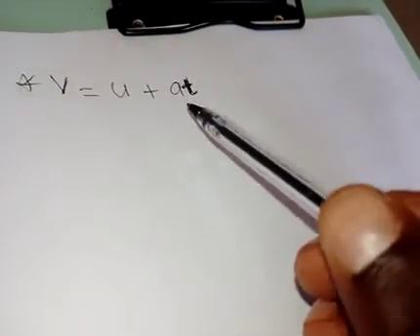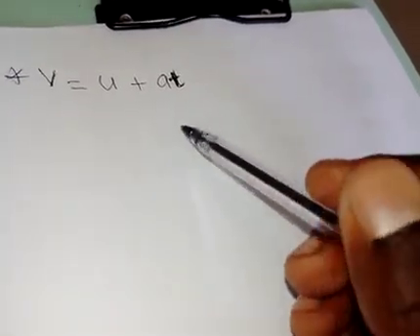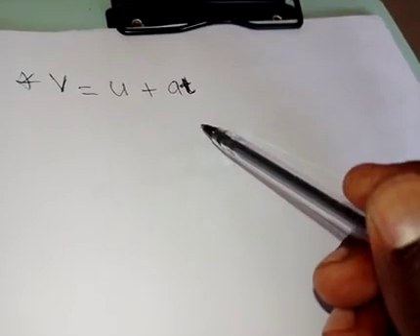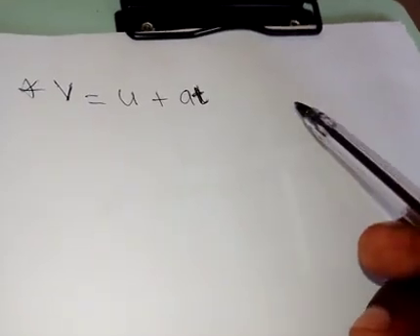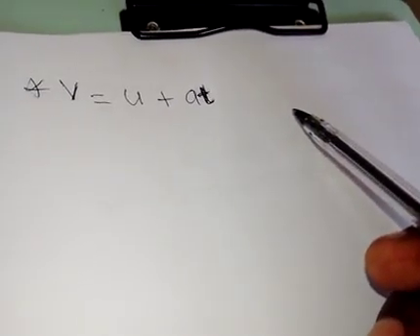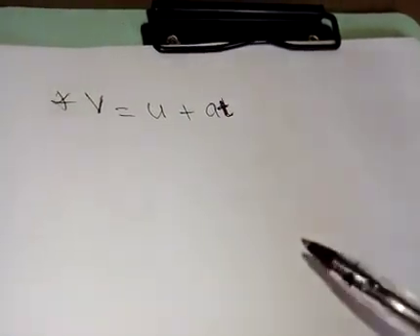For addition and subtraction, it's only like physical quantities. So if you see physical quantities being added, just know that they have the same dimensions, or if they are being subtracted, just know they have the same dimensions.